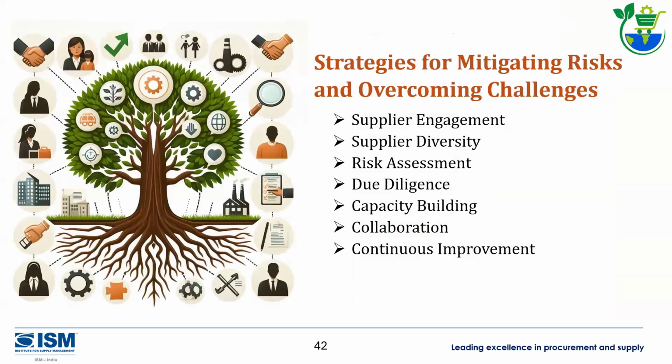So there are strategies for mitigating this. We have to keep on talking or discussing these things with our supplier. We have to collaborate with them very closely. Supplier diversity. We have to make sure that we reduce the reliance on one single supplier and diversify our supplier base. Many of your people who are from India know that there is a water crisis going on in Bengaluru.